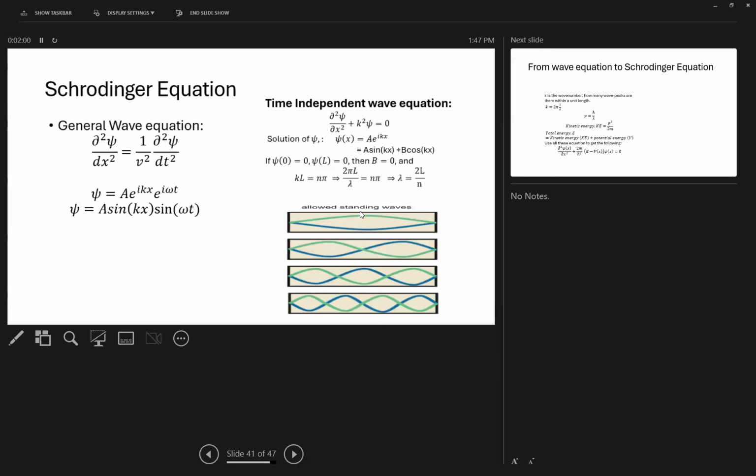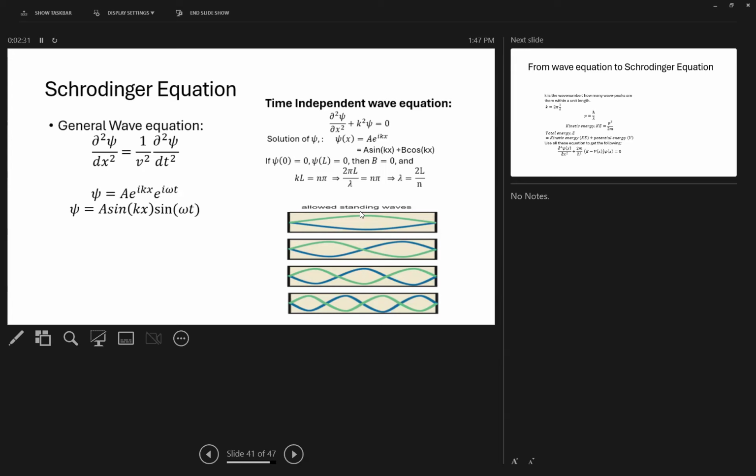The top one or the bottom one? The top one. This has the longest wavelength. And that longest wavelength is actually twice L, where L is the dimension of the cavity. So if you take a guitar string which has a length of L, the maximum wavelength can be twice the guitar string's length. It cannot be anything larger.